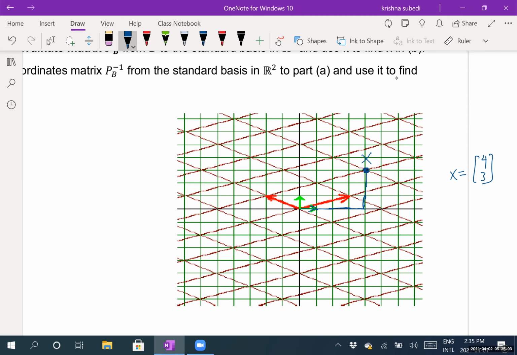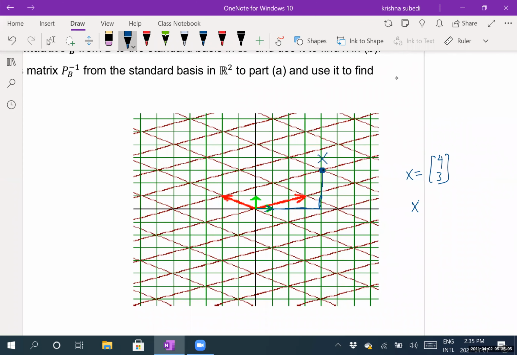That is my x. Now, what is my X sub B? I mean the B coordinate of x. In this case, the red vectors represent the B vectors, the red color. Now, use the red color and tell me how can we represent that x using the red vectors? So the red vector means this is 1, and then again from here to here, this is 2, okay?